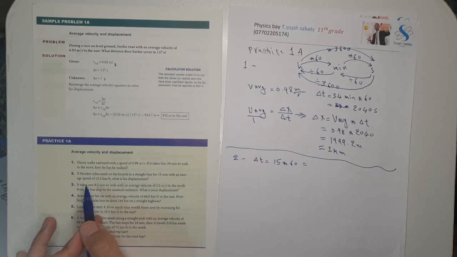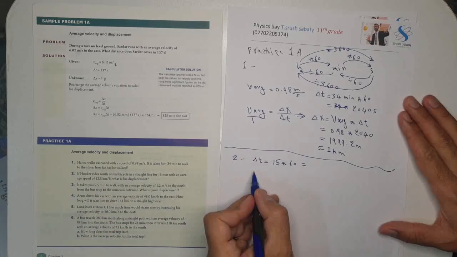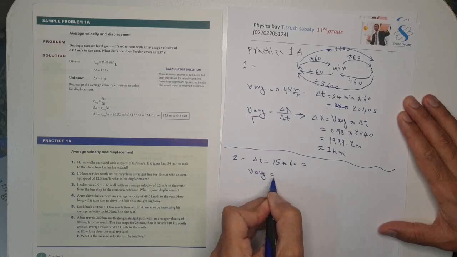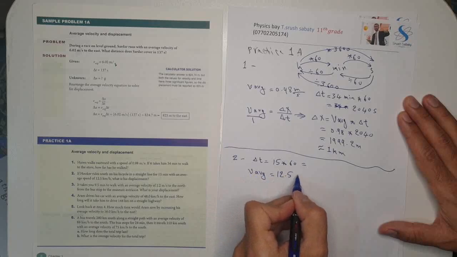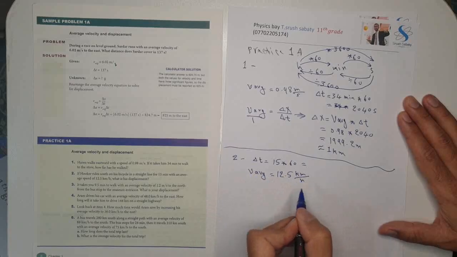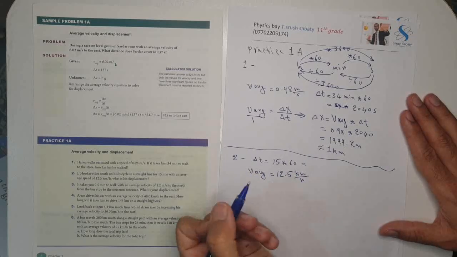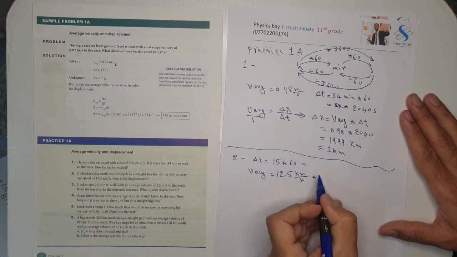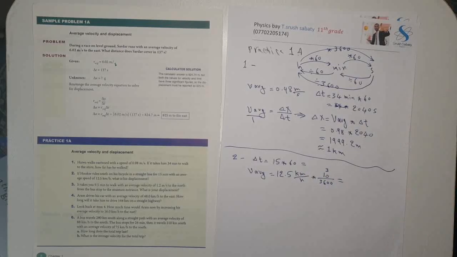Speed differs from velocity, but it's not important. At a speed of 12.5, V average is equal to 12.5 kilometer per hour. We have to convert kilometer per hour to meter per second. Multiply by kilometer 10 to the power of 3, hour 3600. Okay, we'll get the result.